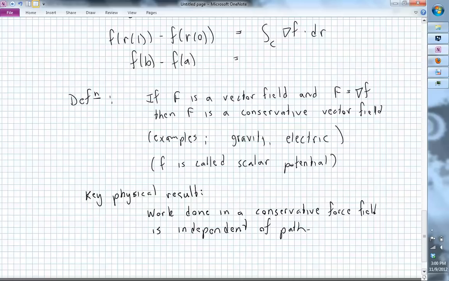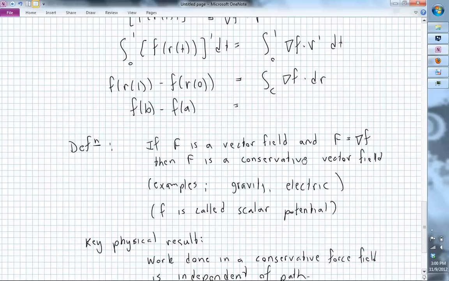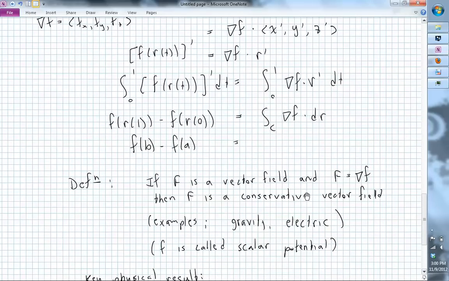Gravity, as I just mentioned, is a conservative force field. So whether I go from here to here, or I go from here to here, I've done the same amount of work. And that's what this is saying. So you're taking my word for it that gravity is a conservative field. But once you agree with that, then this result right here, here's the force of gravity.